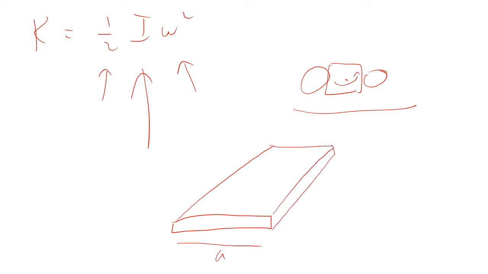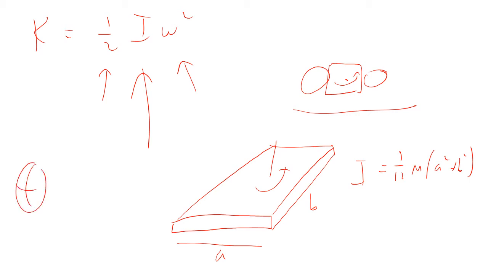So what you do have is for a rectangular object like that, if that's a and that's b and it's going around the center of mass, you know that I equals 1/12 m (a squared plus b squared). You also know that for a sphere going around its center of mass, that I equals 2/5 m r squared. So how do we use that here?